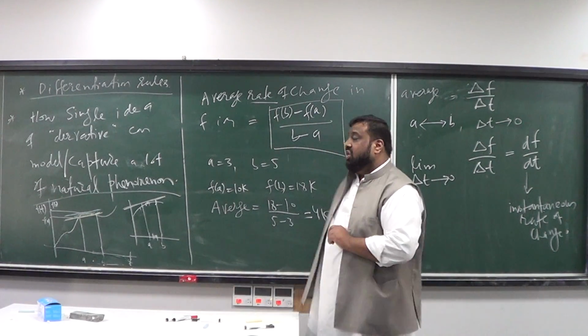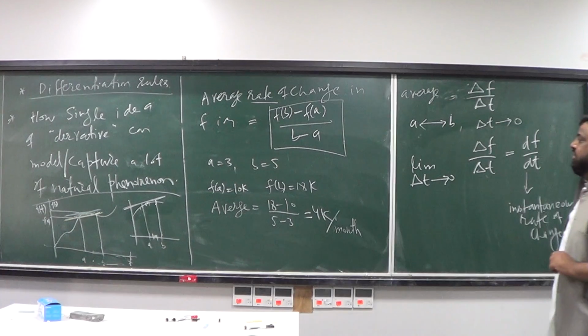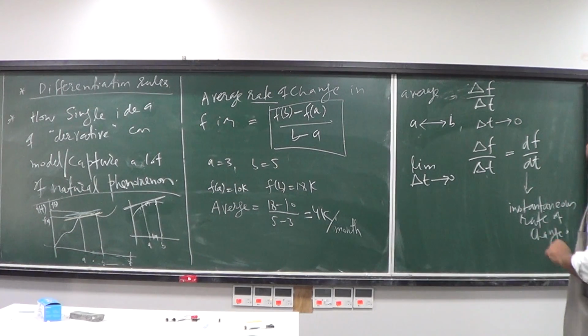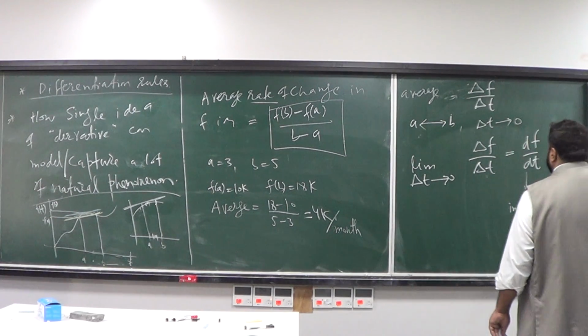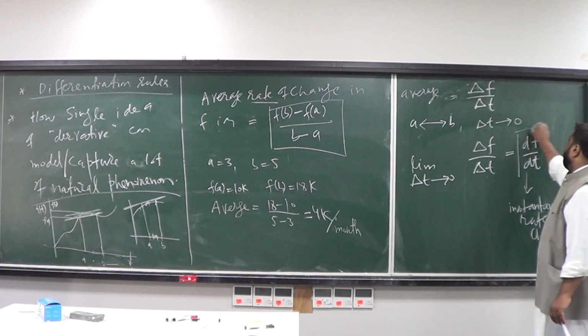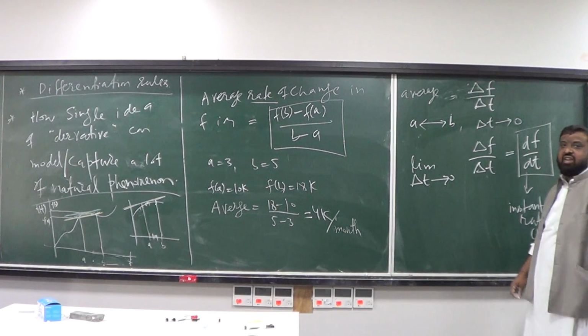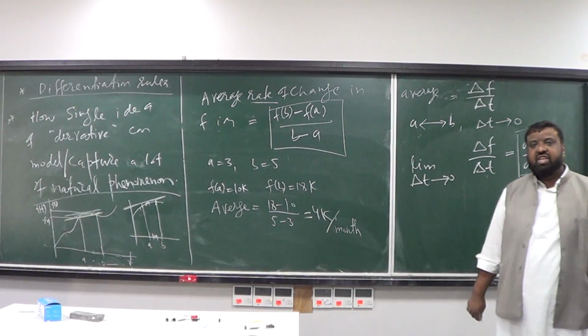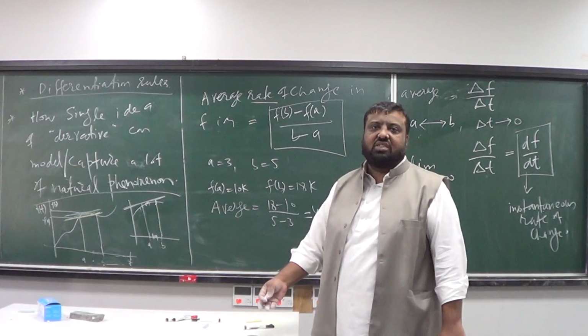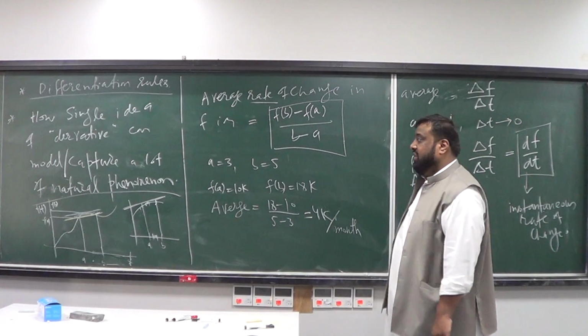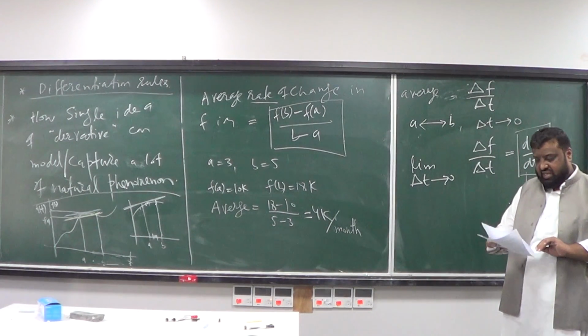So in some situations, average rate of change gives you a good piece of information, but in other situations, instantaneous rate of change does. My objective today is to show how this funny looking differential, the derivative df by dt, a single idea, can model a lot of things in the natural world.